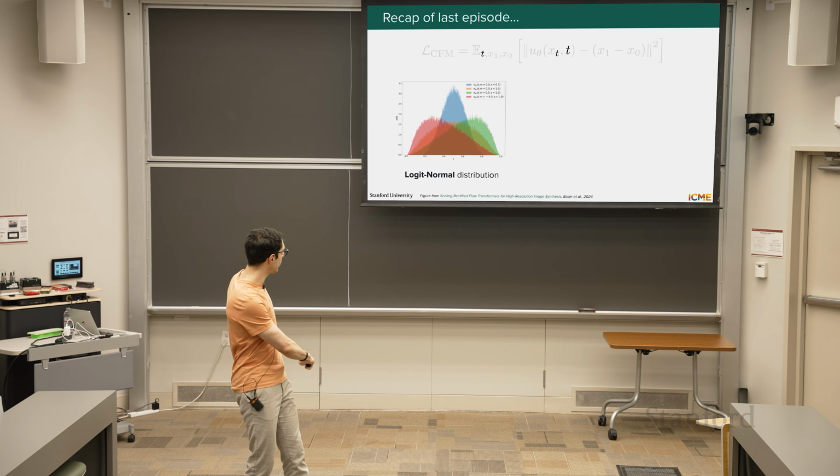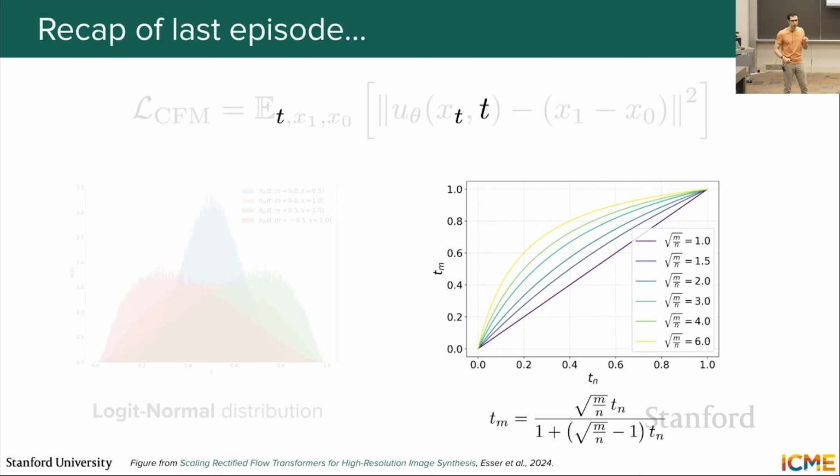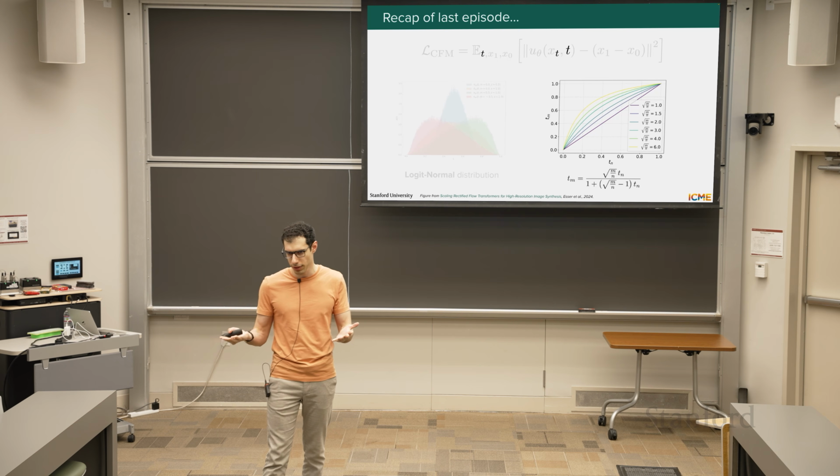We also saw that for a given noise level, if you have a higher resolution image, then your perceived noise is going to be less than a lower resolution image, which is the reason why you need to do what we call a time step shift.